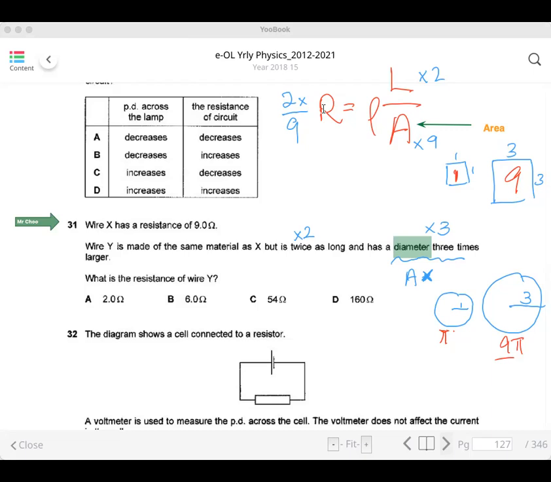What's the answer for this? Well done, Yuting. If your resistance is 9 ohm at first, you multiply by 2 over 9, your answer will be A. Because 9 times 2 over 3 squared, your answer will be 2 ohm. If all of you understand this explanation, can you give me a thumbs up? Thank you.